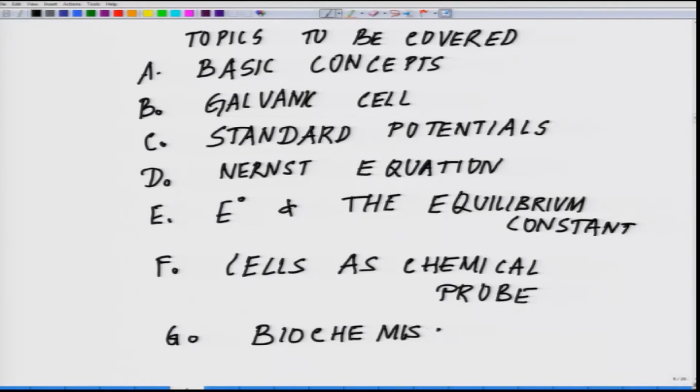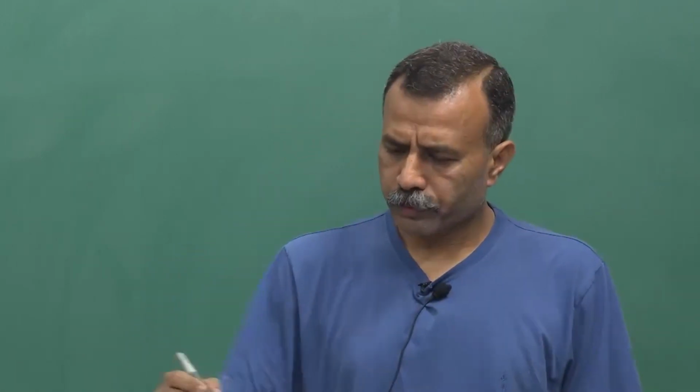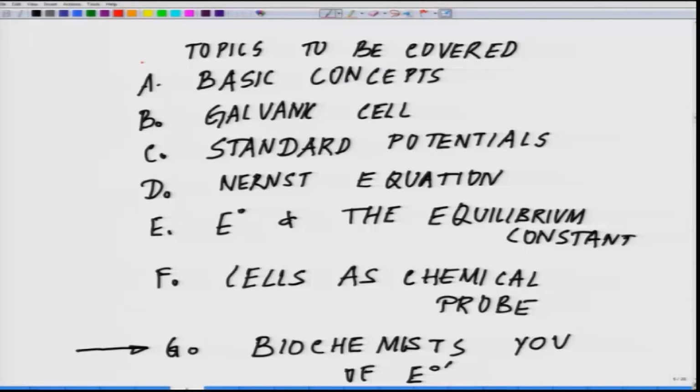The Nernst equation has been translated especially for biological application, and that is exactly where, in this section, we will be talking about E0 prime. We will talk about the relevance of this, and the hydrogen electrode and pH meter and all these things.